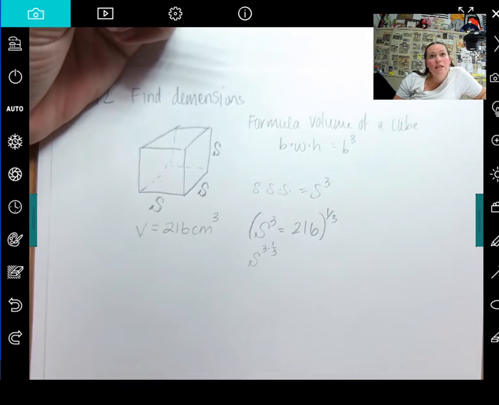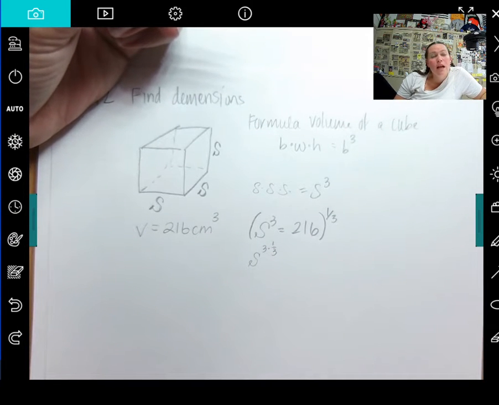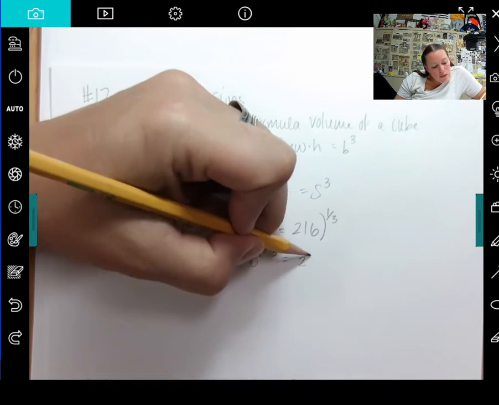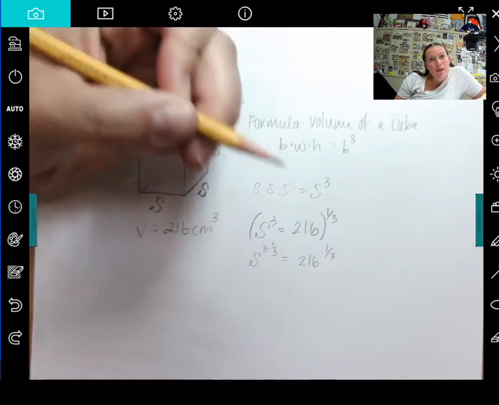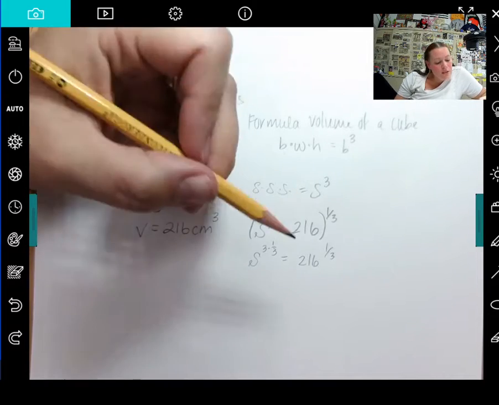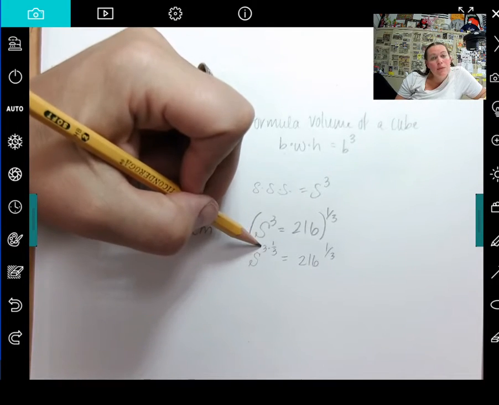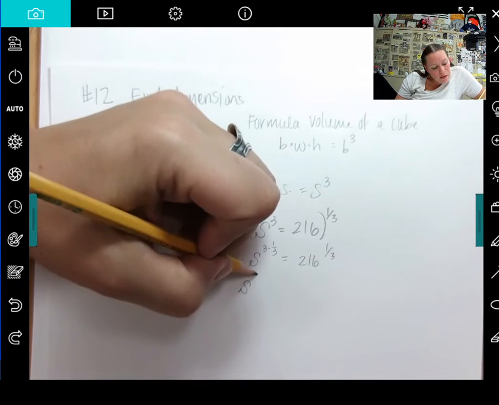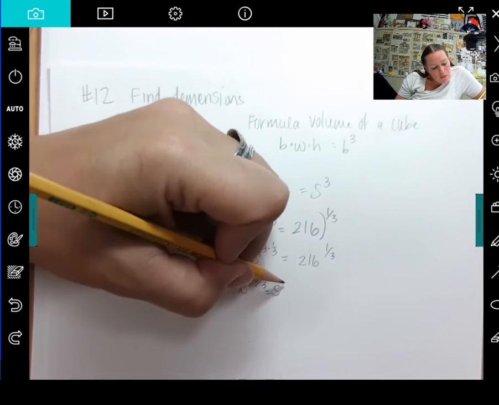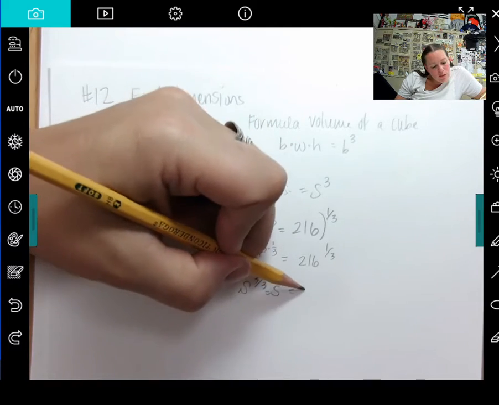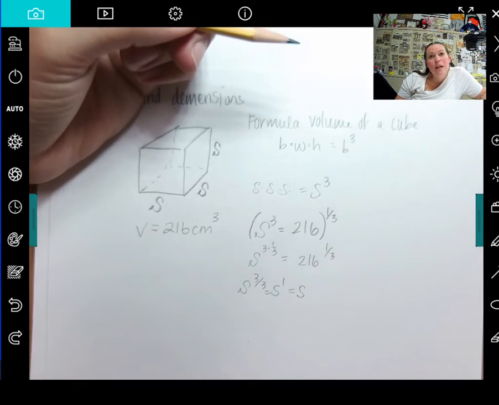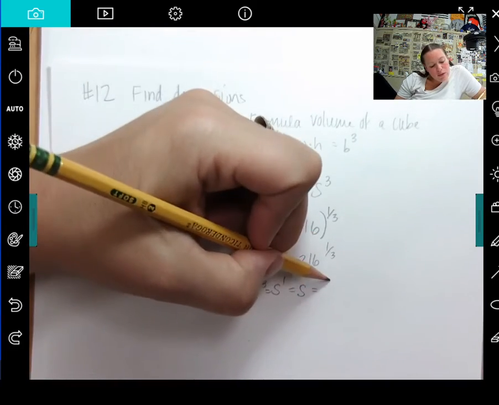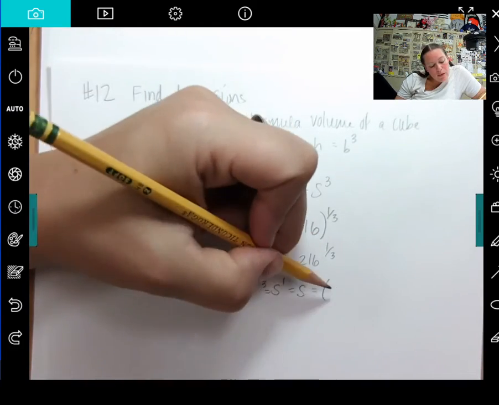So S to the 3 times 1/3 equals 216 to the 1/3. So now when we multiply this, we multiply straight across and we get S to the 3 over 3, which equals S to the 1, which equals S, right? And then that would equal 216 to the 3rd power, to the 1/3 power.